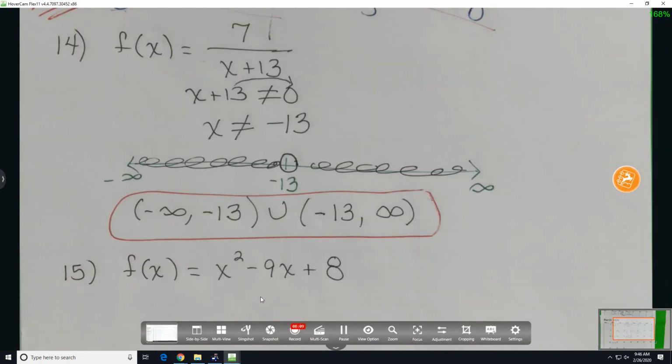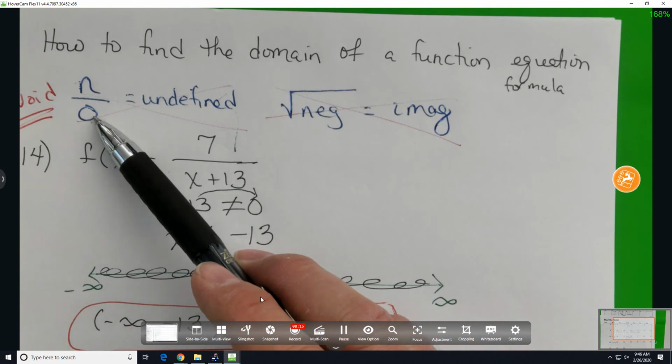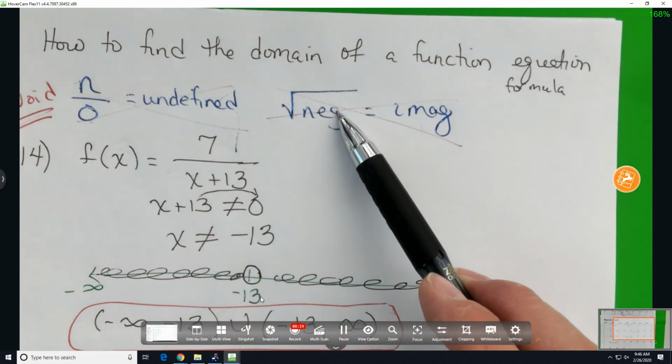Well, there's two things we want to avoid. We don't want a 0 in the bottom of a fraction, and we don't want a negative under a square root.